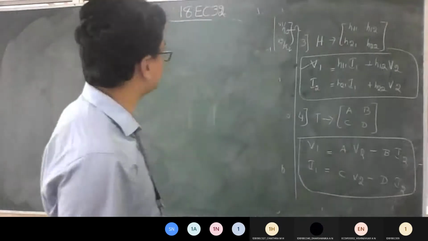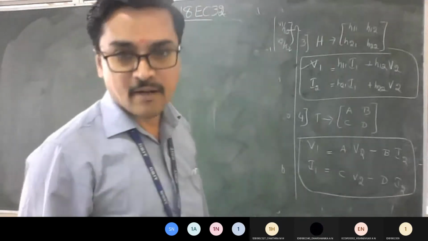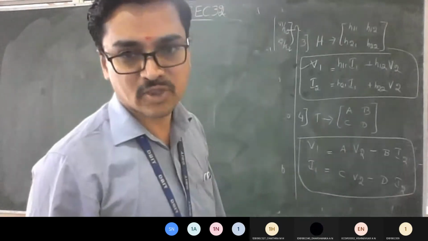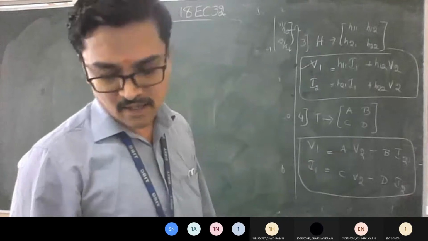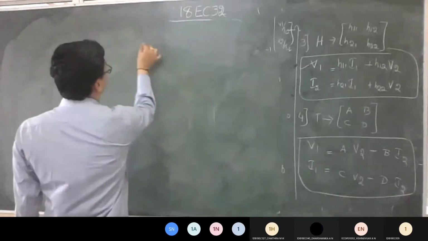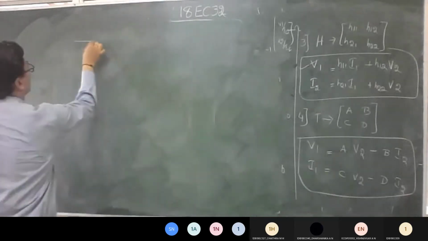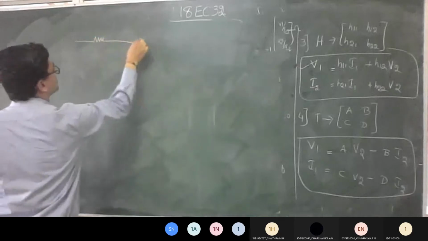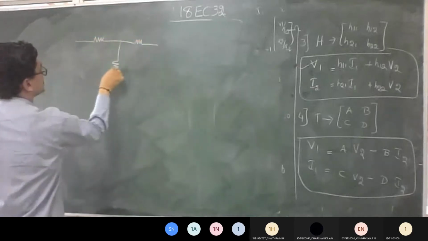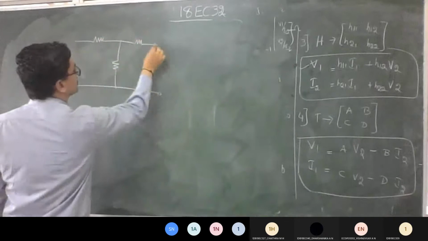For the given network, find the Z parameter. It will be for 6 to 7 marks. Just look at the board. Is it visible?